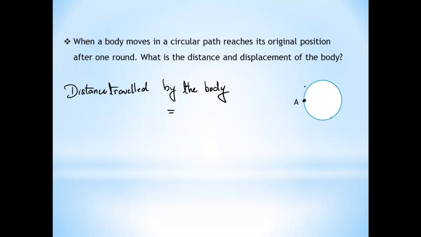So the distance traveled by the body is the boundary of this circle. We know that the boundary of a circle is nothing but the circumference. If we take r as the radius of the circle, then the circumference of the circle is equal to 2 pi r. This is the distance traveled by the body, given by the standard formula 2 pi r, where r is the radius.